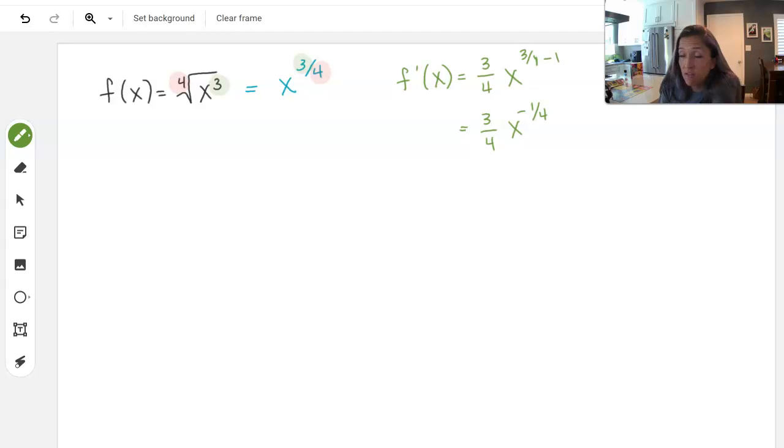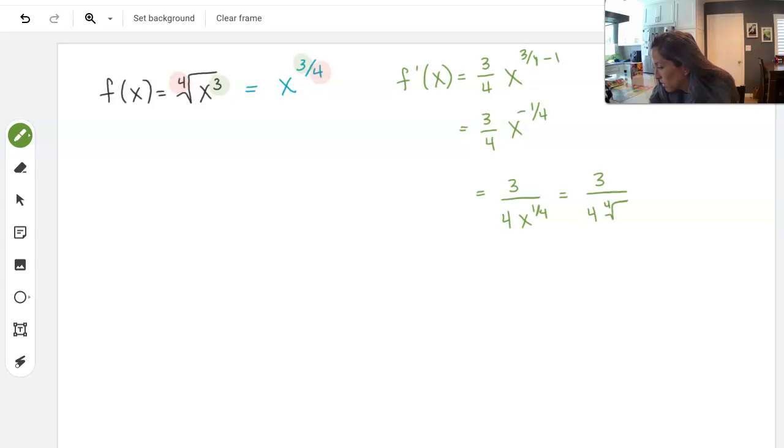Cool. And then if you really wanted to, I guess you could rewrite this as 3/4 x to the 1/4. If you wanted to get really into going back to the format this was given in, you might even go to 3/4 to the 4th root of x.